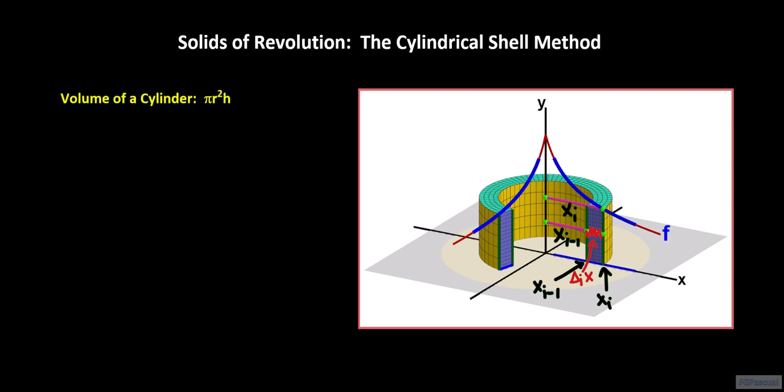The volume of a cylinder with radius r and height h is pi r squared h. The volume of the ith cylindrical shell is equal to the volume of the full cylinder, which includes the hole in the middle, minus the volume of the hole.